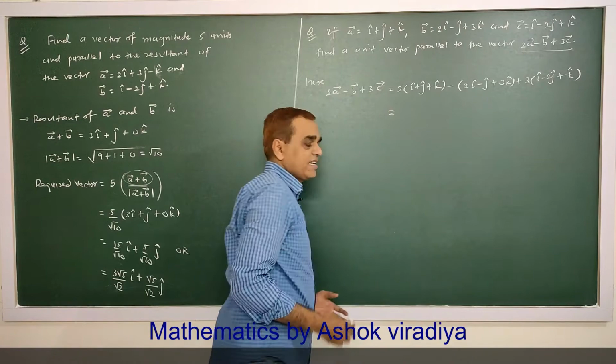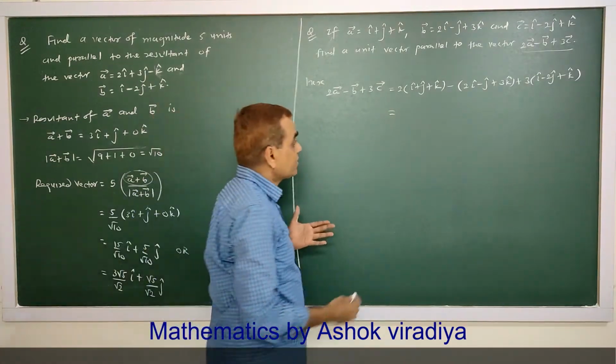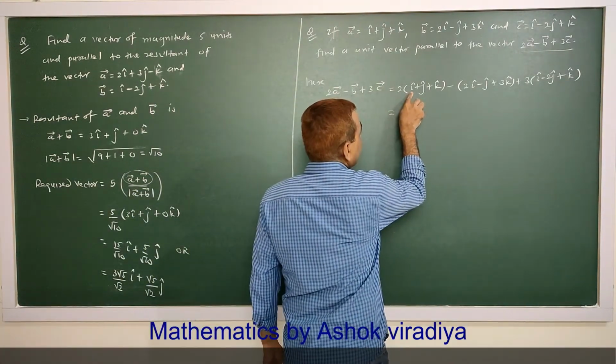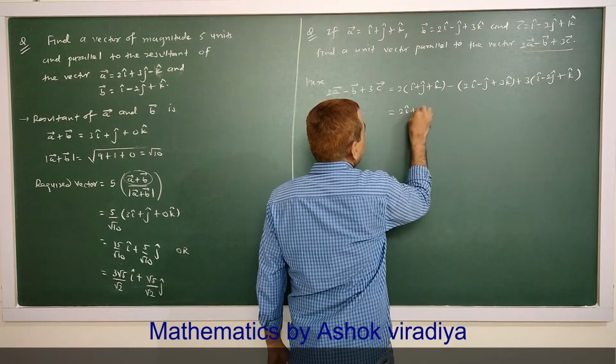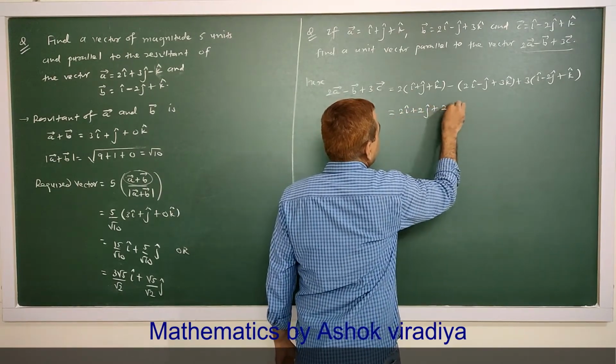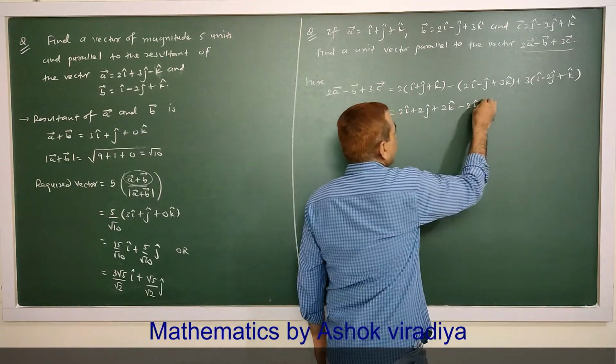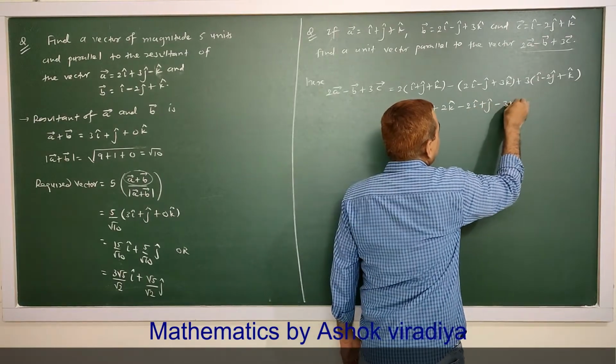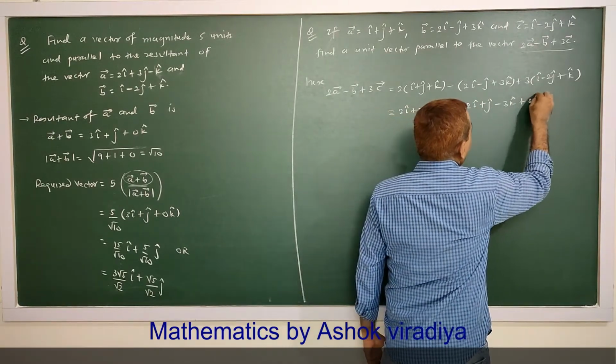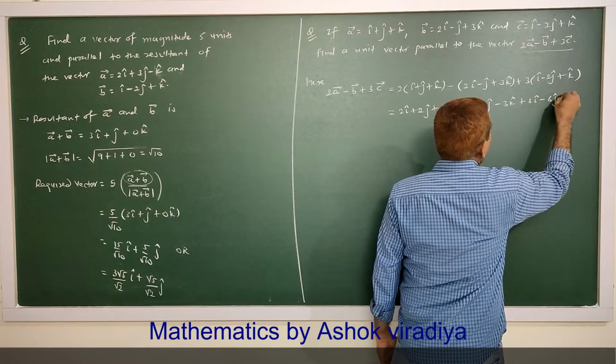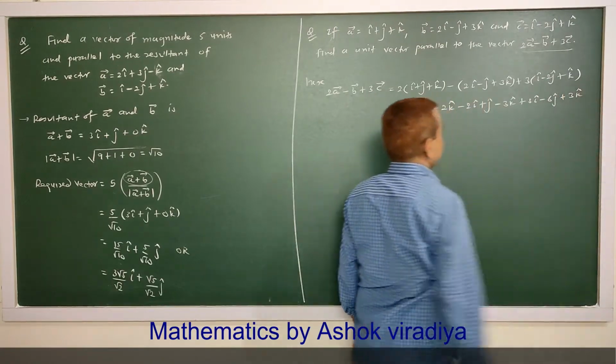So given this vector, it will be 2i plus 2j, simplifying this, minus 2i plus j minus 3k plus 3i minus 6j plus 3k.